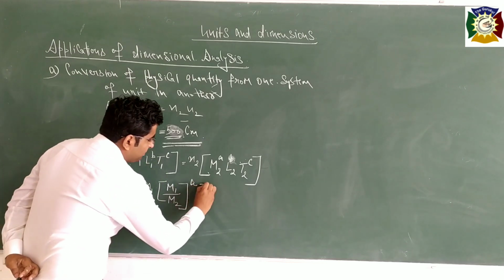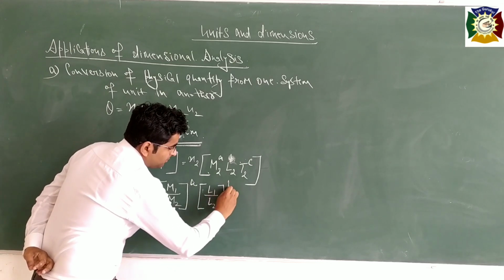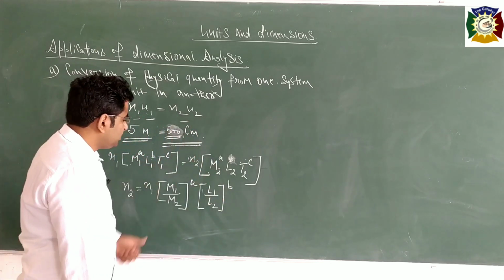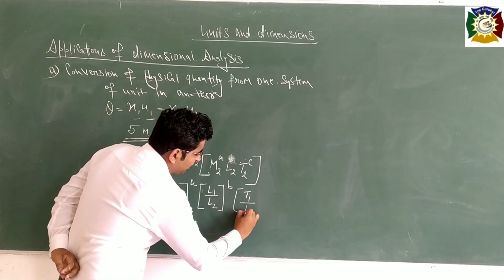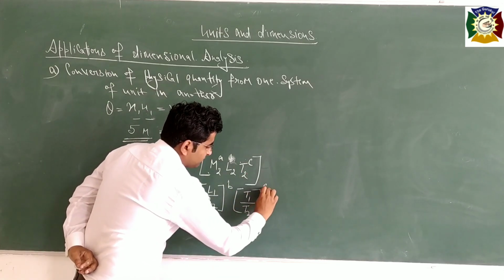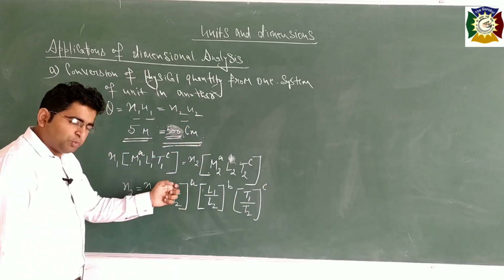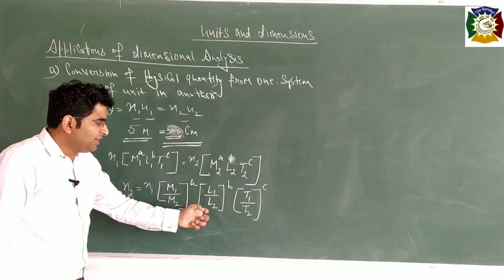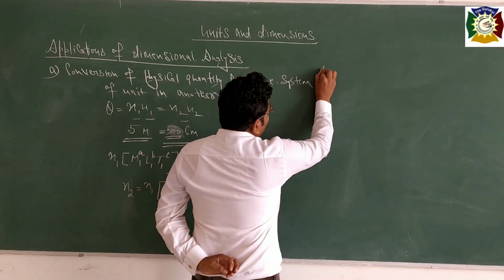Here L1 power b divided by L2 power b. Here T1 power c divided by T2 power c. Clear? So all we have to do is put in the values of M1, M2, L1, L2 and T1 and T2.